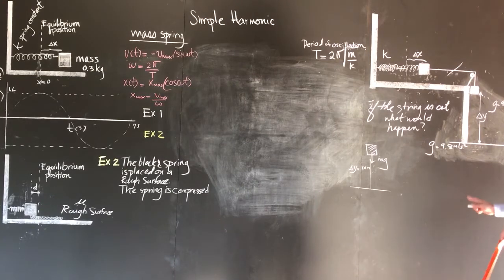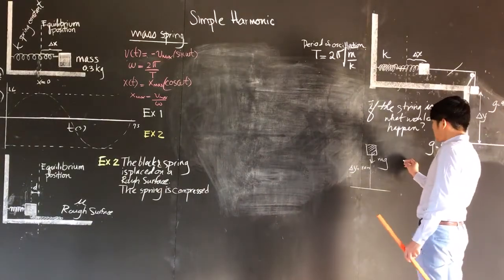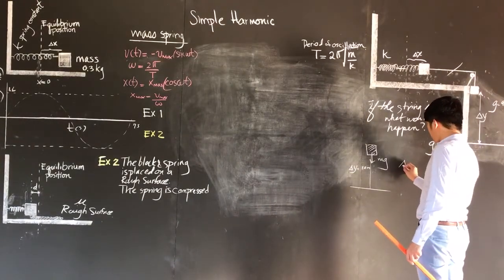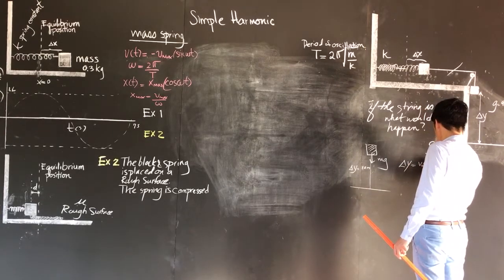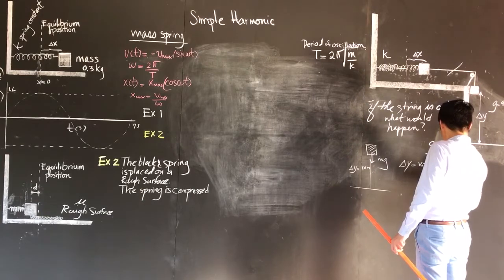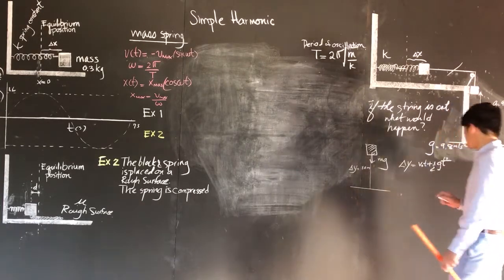What else do we need to know in order to calculate a certain thing? Let's solve for time since we know the height. We know the acceleration for sure, so I'm going to use this kinematic formula right here: delta y equals v naught y times t plus 1/2 g t squared.